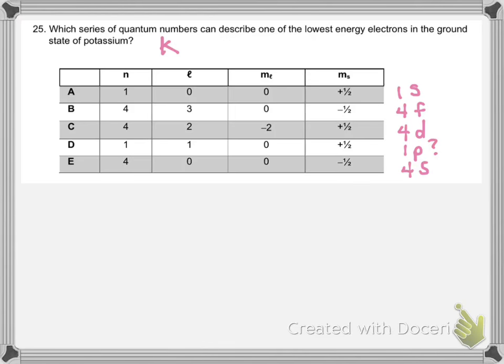And so what I've done here is gone through and converted the n and the l values into how we more commonly write out the subshells, 1s, etc. And what I see right away, before I even consider the energies of these, is that D is not going to be a possible set of quantum numbers. We need l to be less than n. Here they're equal. There's no such thing as a 1p orbital.